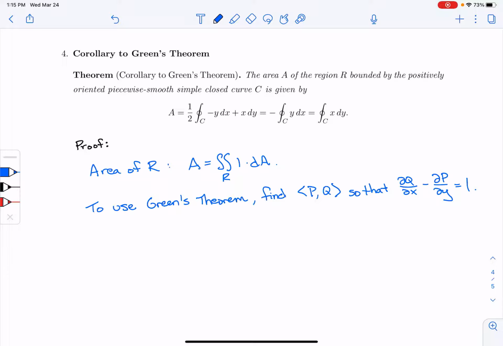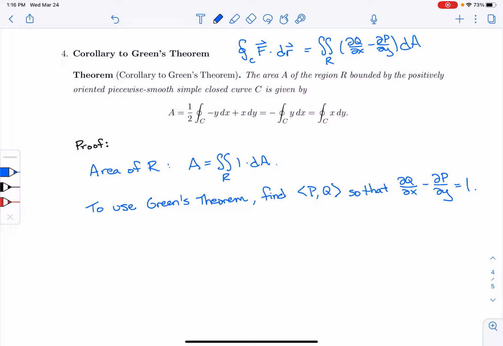So here, we're going to look again at Green's theorem, which says the curve integral of F dot dr around a closed loop is equal to the double integral over the region of dQ/dx minus dP/dy dA. And so if we know that dQ/dx minus dP/dy is 1, then what we have on the right is the area of the region R.